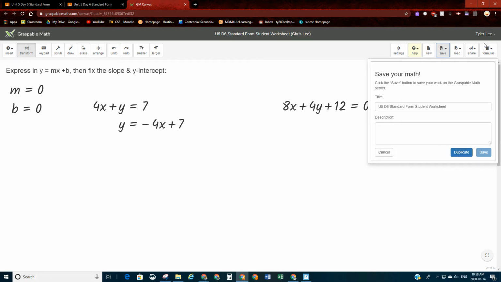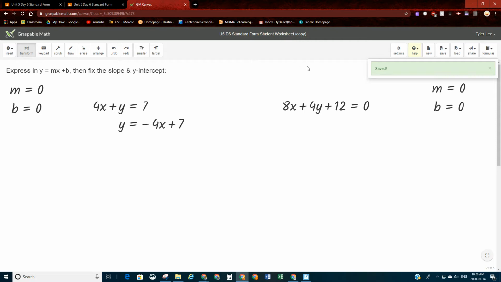Now you might have to sign in, and you can sign in with your Google. Okay, so if it does say log in, you're just going to click on the login button and sign in with your Google account. But once you're logged in, you're just going to push duplicate, and it's saved. And now you see it says a copy, and when you hand it in or share it with me, it'll say your name on that. So a very important step is to save.